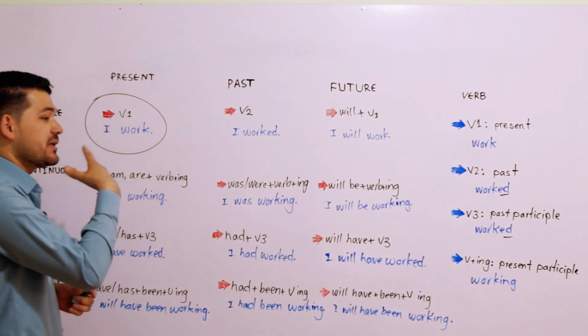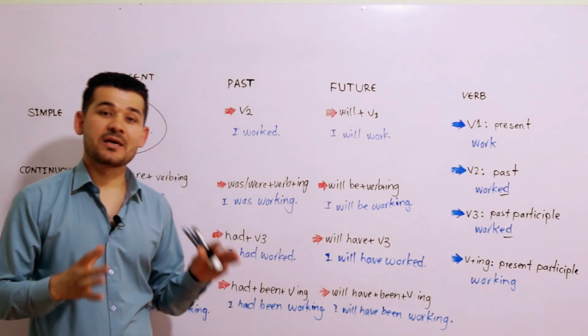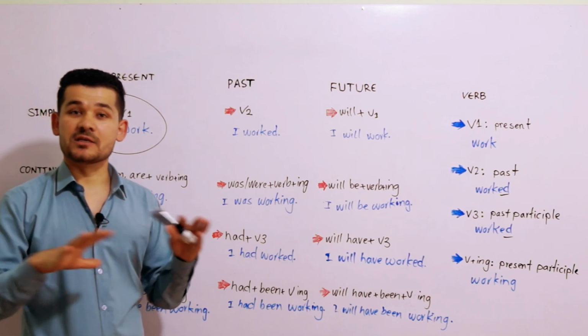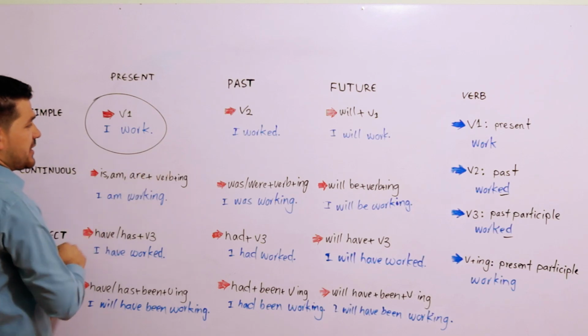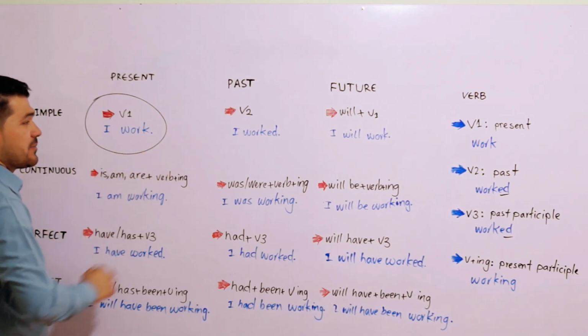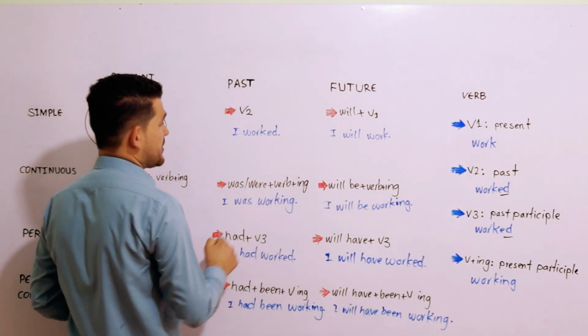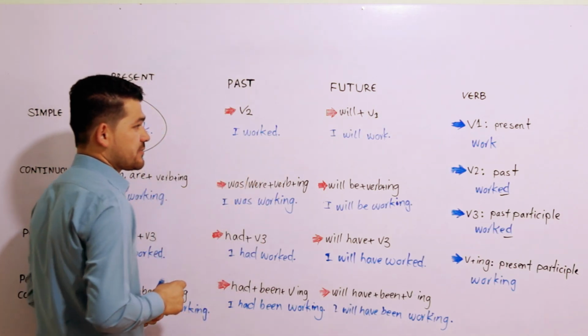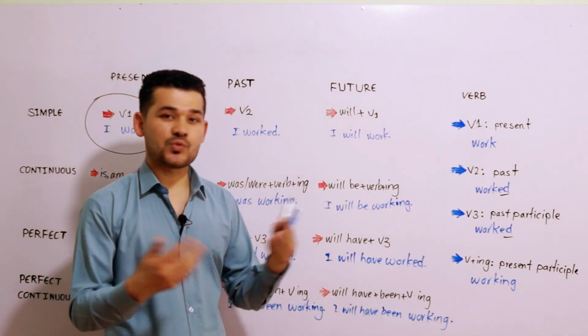We're going to study these things in detail in the next videos where we talk about simple present tense in detail. So I work, I speak, I write. But what about past? We need the second form of the verb. For example, I worked, I studied, I tried, I swam.